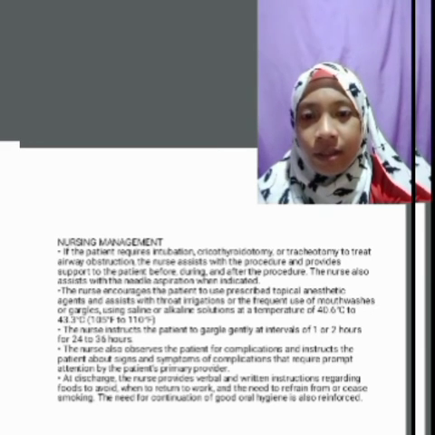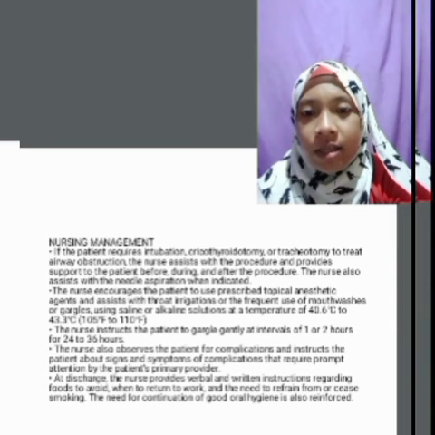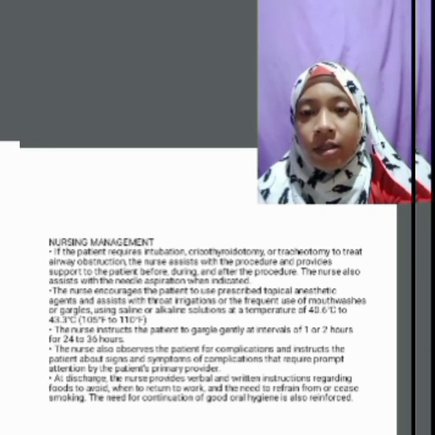The nurse encourages the patient to use a prescribed topical anesthetic agent and assists with a throat irrigation or the frequent use of mouthwashes or gargles using a saline or alkaline solution at a temperature of 40.6 Celsius to 43.3 Celsius, or 105 Fahrenheit to 110 Fahrenheit.